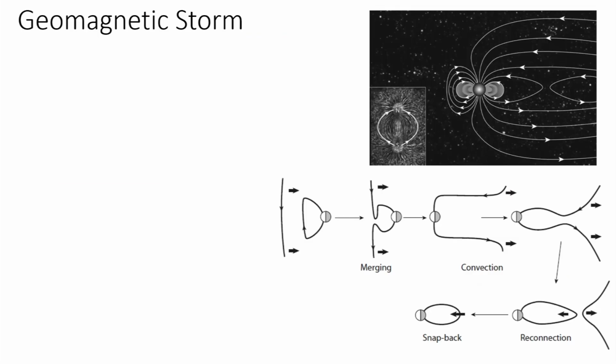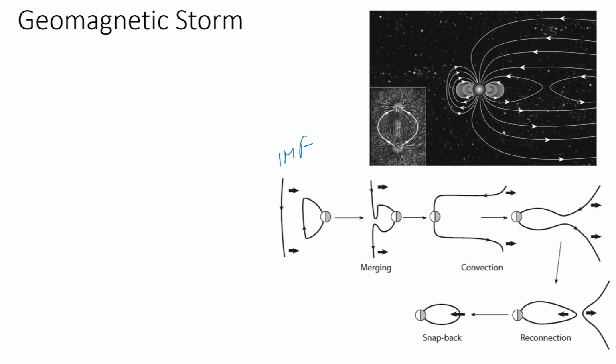Now, in order to understand how the geomagnetic storm and substorm happen, let us consider this illustration. As you have seen, there is a magnetic reconnection and then a re-looping of the magnetic field. This is a southward IMF, which is interacting with the northward geomagnetic field, and this is the reconnection point.